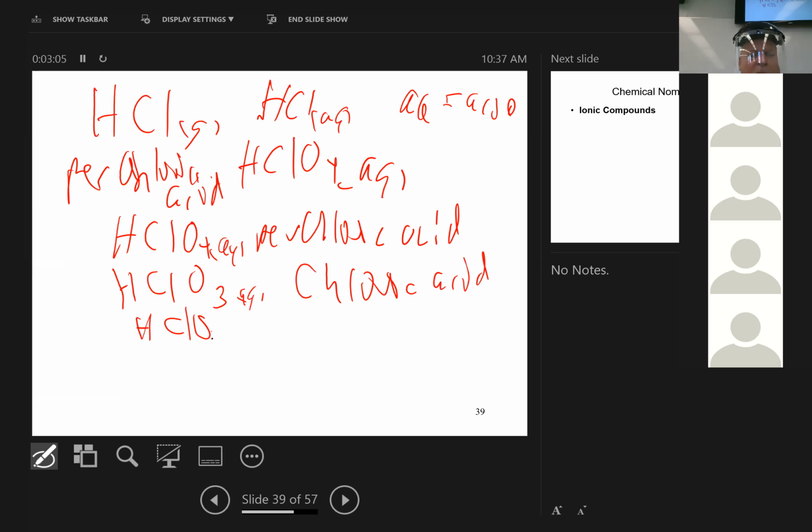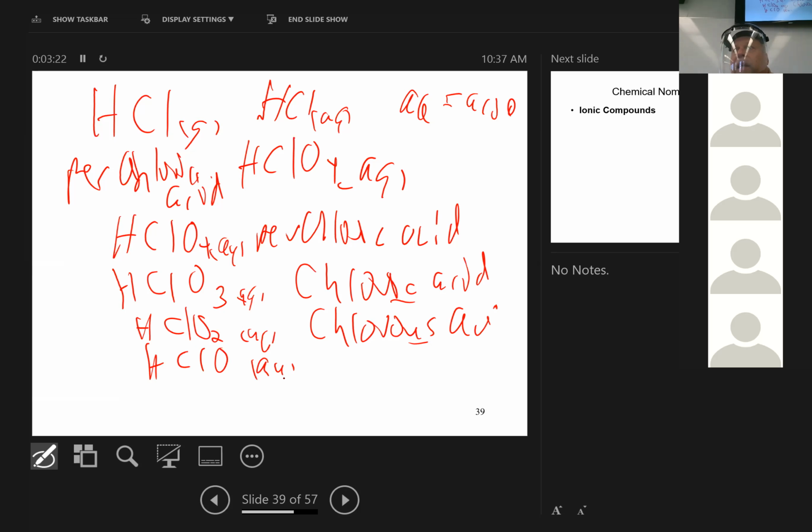HClO2 aqueous is chlorous acid, yes, very good, because you have to have one that's lower. HClO, that's hypochlorous acid.